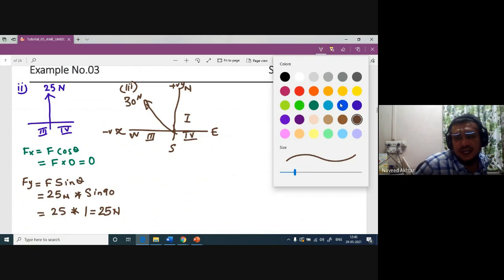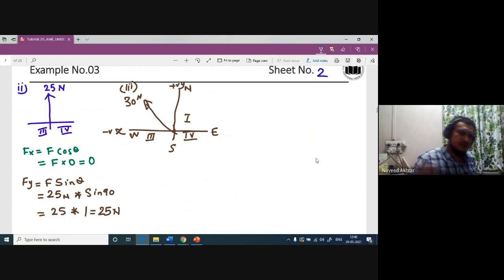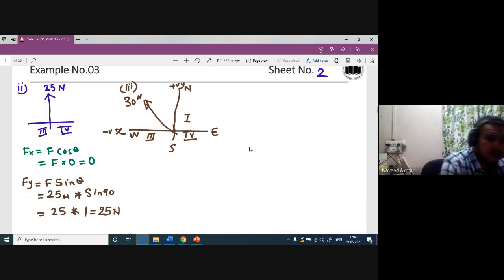Now here one thing we have to keep in mind: the angle is not given, so the 30 Newton force is at northwest completely.